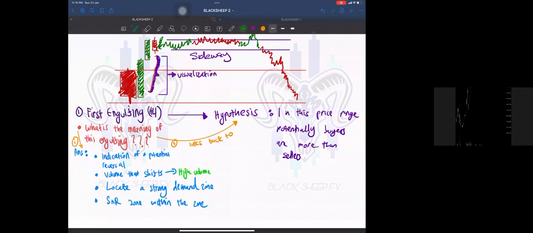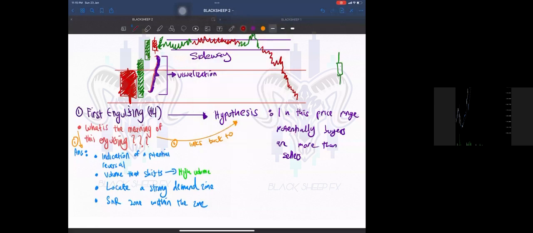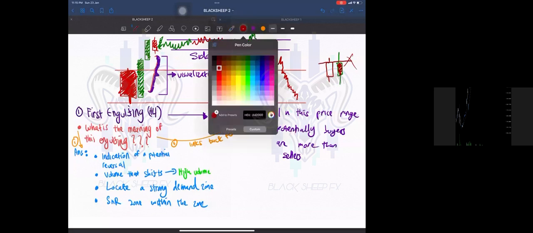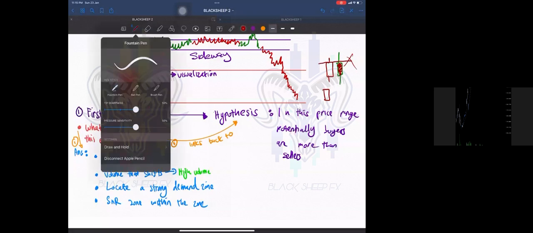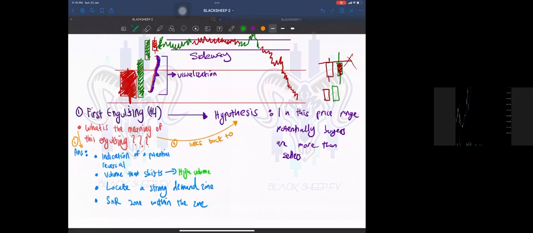If we have this kind of situation, this is not valid because the body of this candle is lower than the green candle. Do you see that? But what is valid? If the body of the green candle is higher than the wick on the left side.